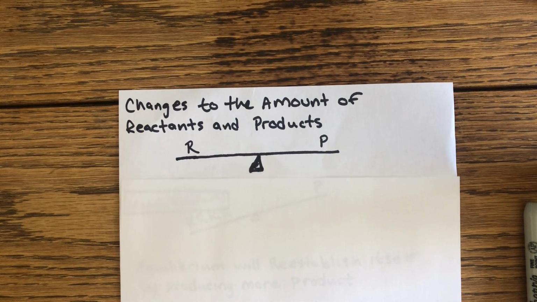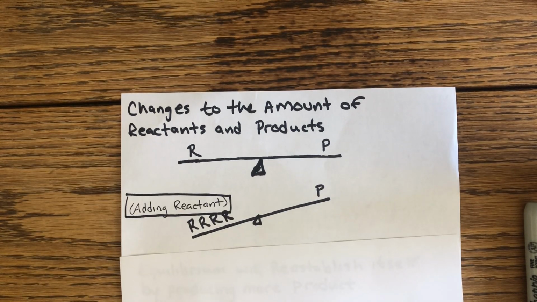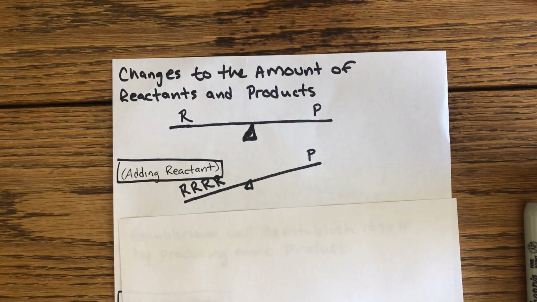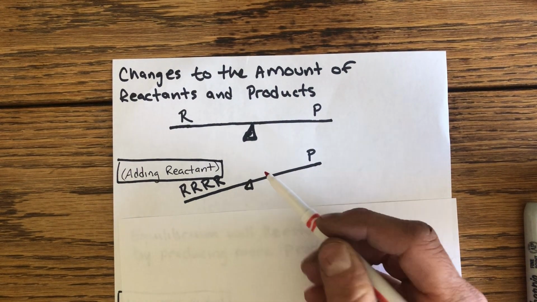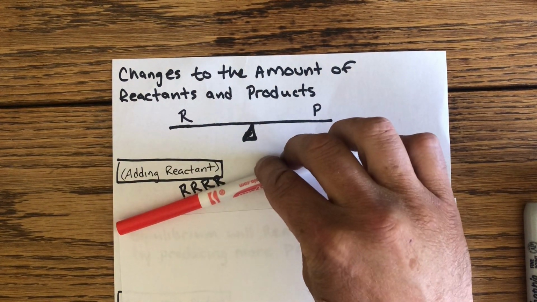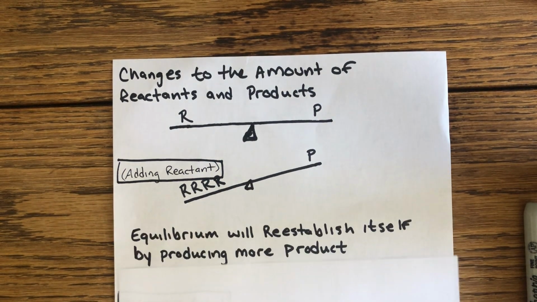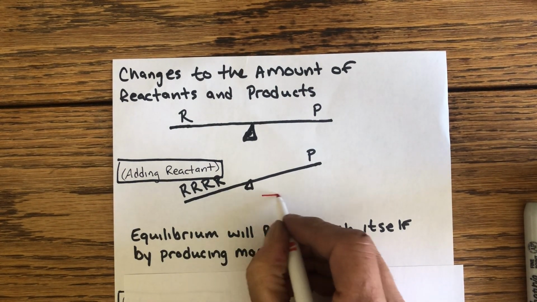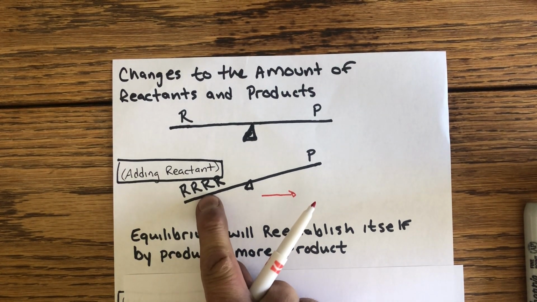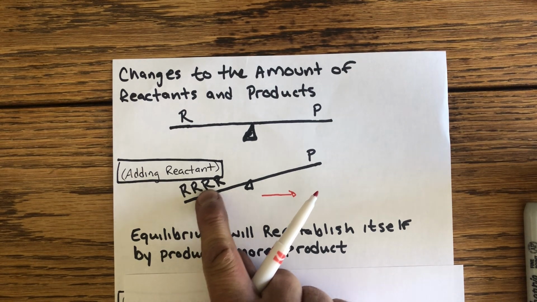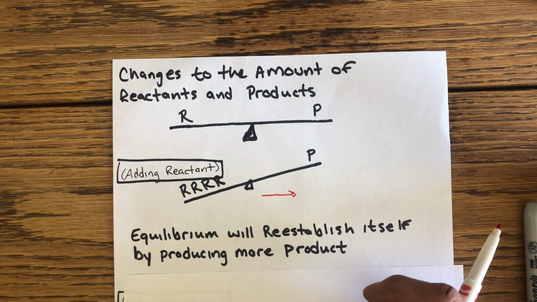So picture our reversible reaction in dynamic equilibrium here, and let's add reactant. When we add reactant to the balance, it tips it toward the reactant side, which then prompts a shift to the right in order to reestablish the balance. It really just gives you more reactant with which you can make more product.